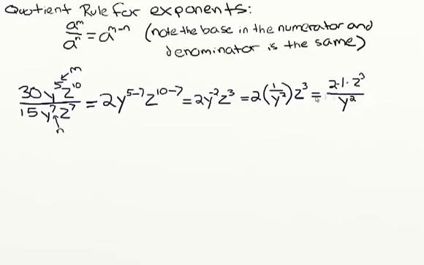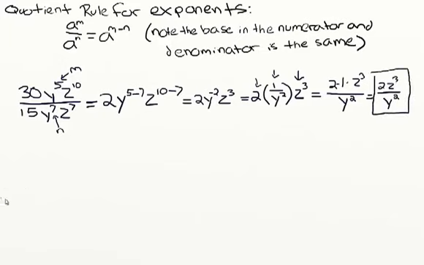So see where I got that from? There's a 2 here, a 1, and a z cubed. That's where that numerator comes from. So then this just becomes 2z cubed over y squared. And that's the answer for that.